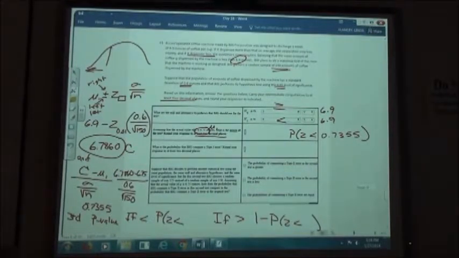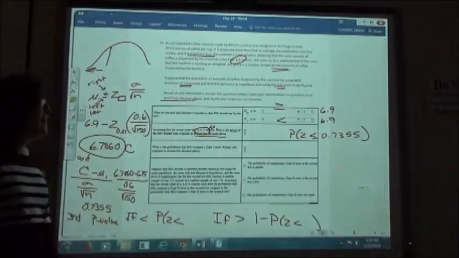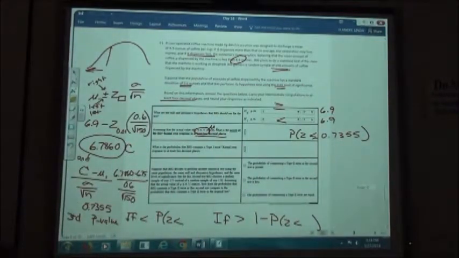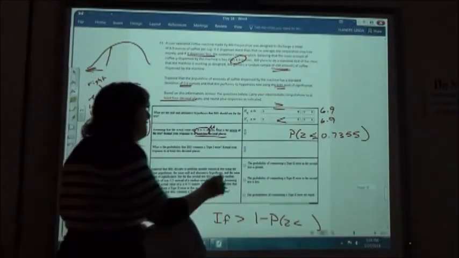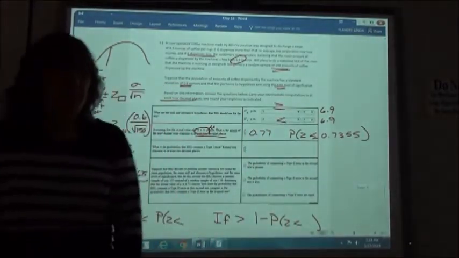So clear that out, do P of Z is less than or equal to that number. To 2 decimal places, what do you get? 0.77, that's exactly what you should get.